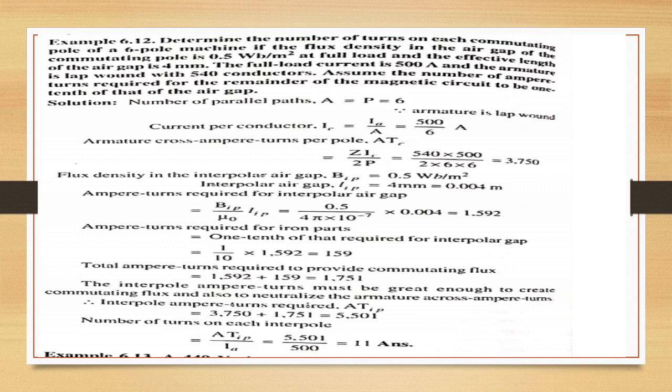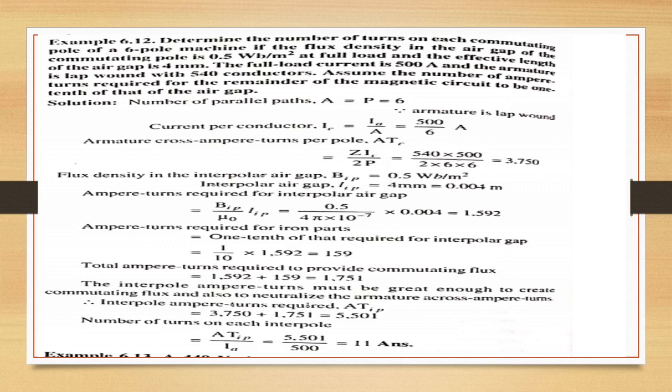Flux density in the interpolar air gap, BIP, is 0.5 Weber per meter square, and the interpolar air gap is 4 mm, that is 0.004 meter. Ampere turns required for the interpolar air gap is BIP by mu naught into lIP, and ampere turns required for iron parts is 1/10 of that required for the interpolar gap, that is 1/10 into 1592.